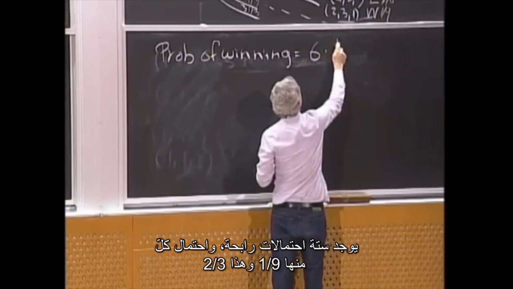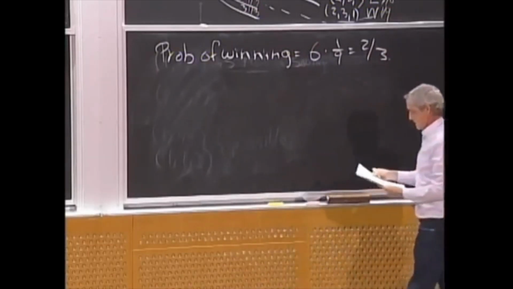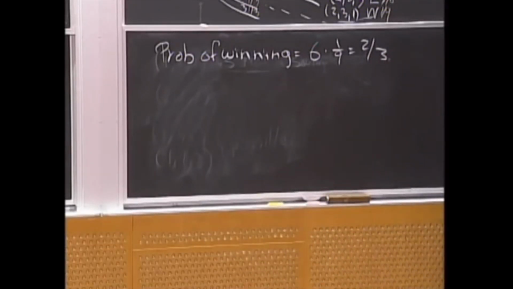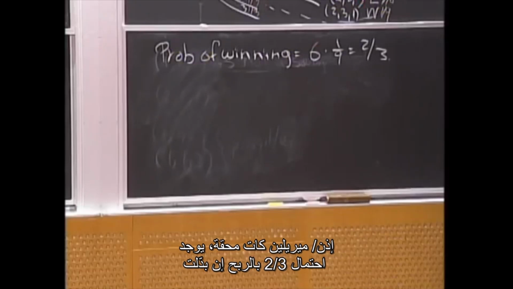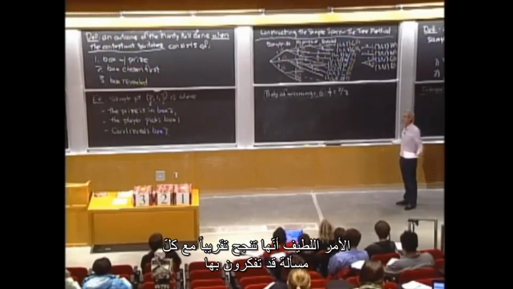There's 6 of winning, they're each 1/9, and that's 2/3. Okay, so Marilyn was right. There's a 2/3 chance of winning if you switch, and now this is a formal argument that gives you that answer. And the nice thing is it works for pretty much every problem you ever think about.